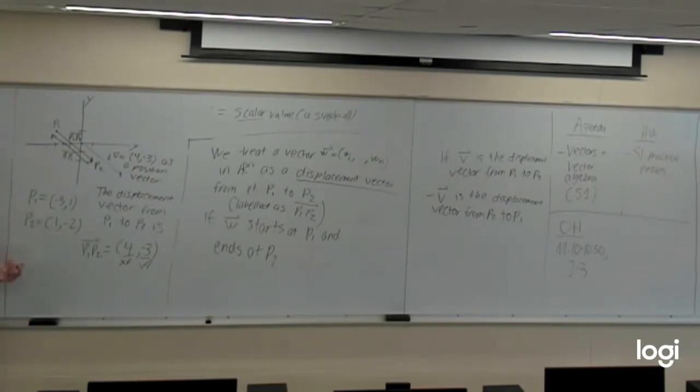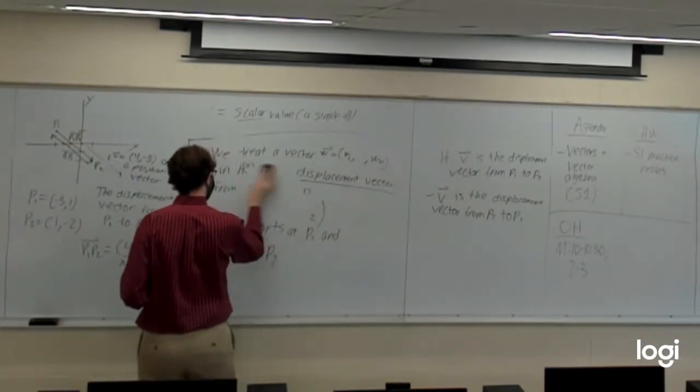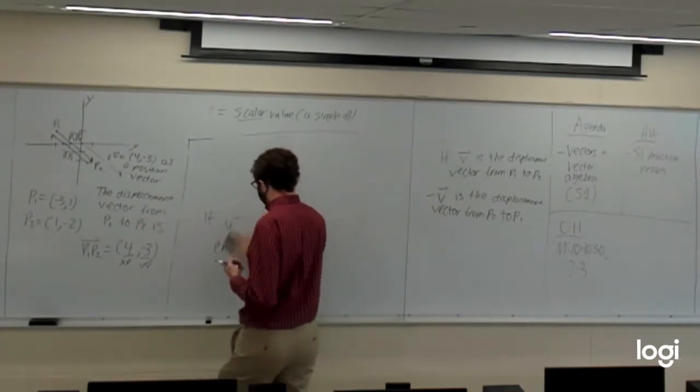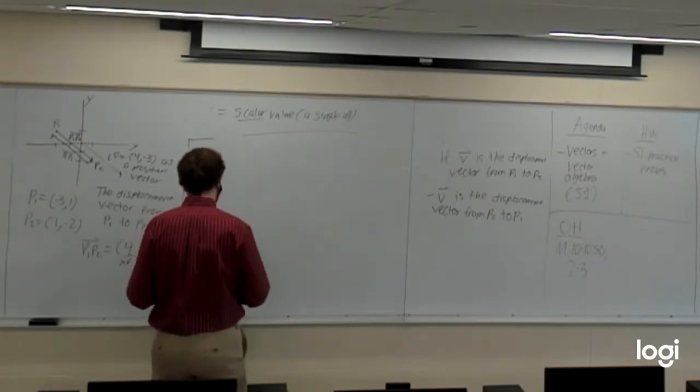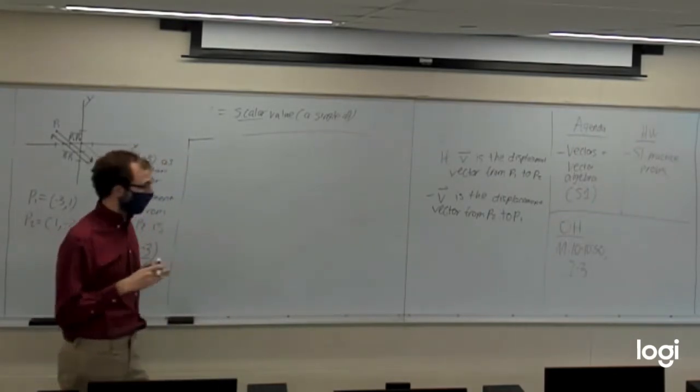Let's see if we can find a general formula for how to compute the displacement vector. We'll do an example just in R2, but it'll generalize very easily to higher dimensions.